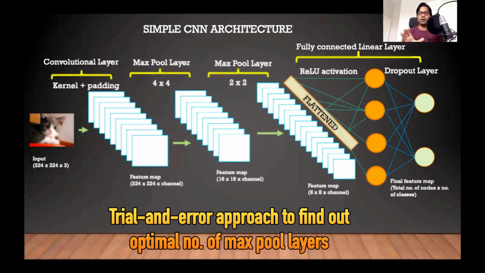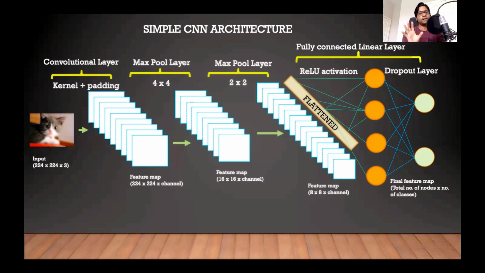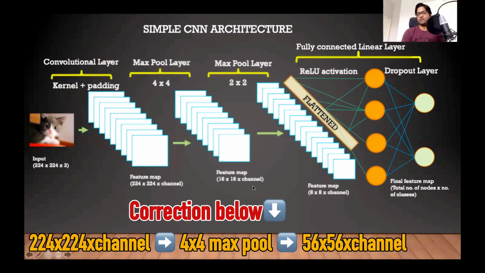What a max pool layer does is downsample the image resolution. As you can see, in the second layer we have a 4x4 max pool layer. What it's doing right now is downsampling the feature map coming out of this convolutional layer to 16 by 16 by channel. It's just a division: it divides 24 by 4, and then processes the feature map accordingly.